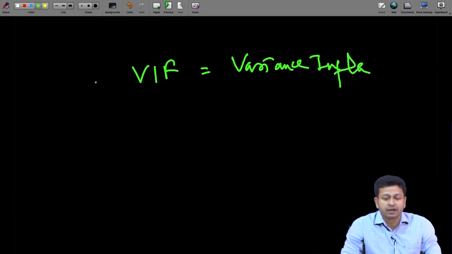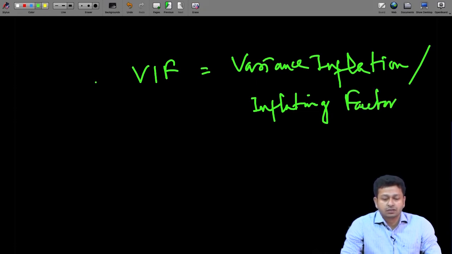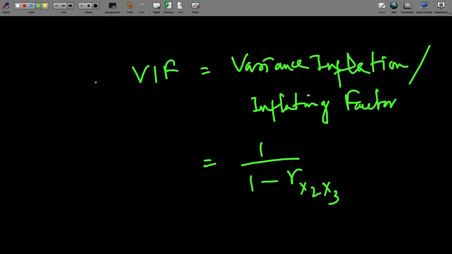Some books use inflating, like Gujarati uses inflating, whereas Dougherty would use inflation factor. Okay. Mathematically we write it as 1 by 1 minus r x2 x3 square. Okay, and we will see the importance of this VIF when we talk about multicollinearity.